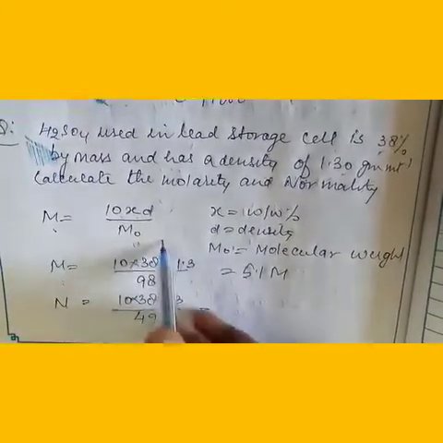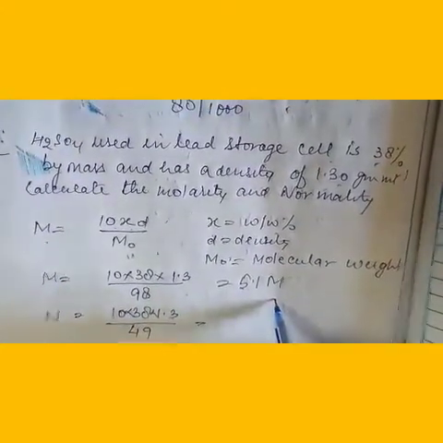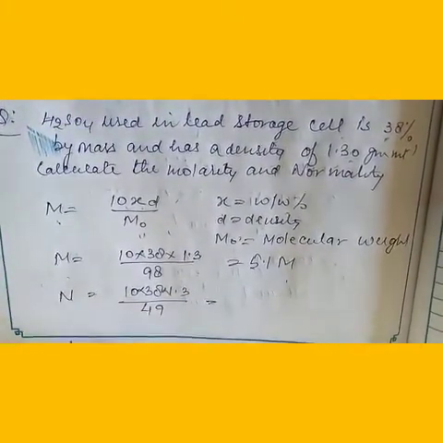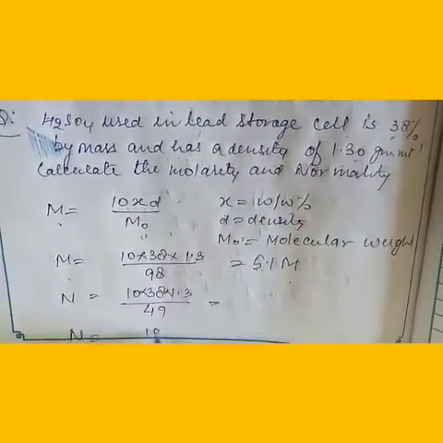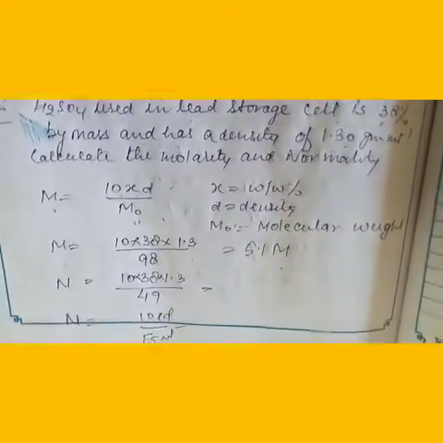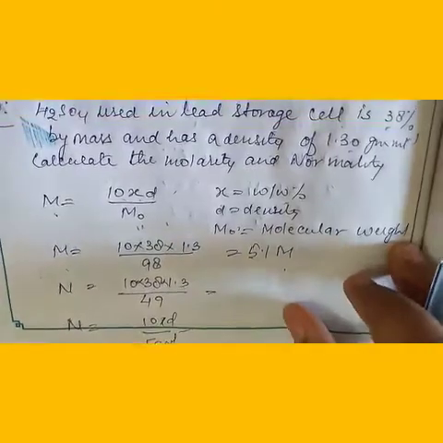So we put the values and the molarity comes 5.1 M. And similarly you can also calculate the normality. Normality is equal to 10 x d upon equivalent weight. Clear? Now after that we are coming to the next question and this is the last one.